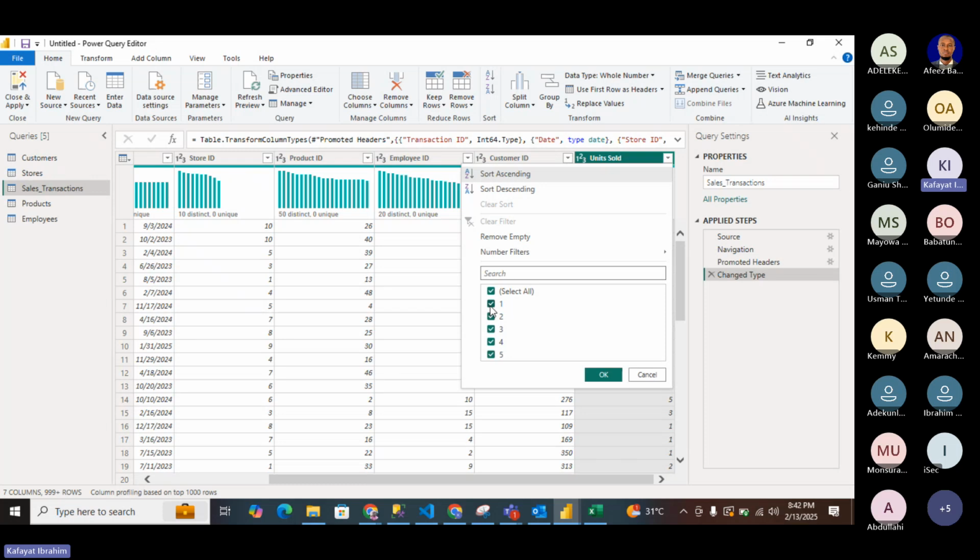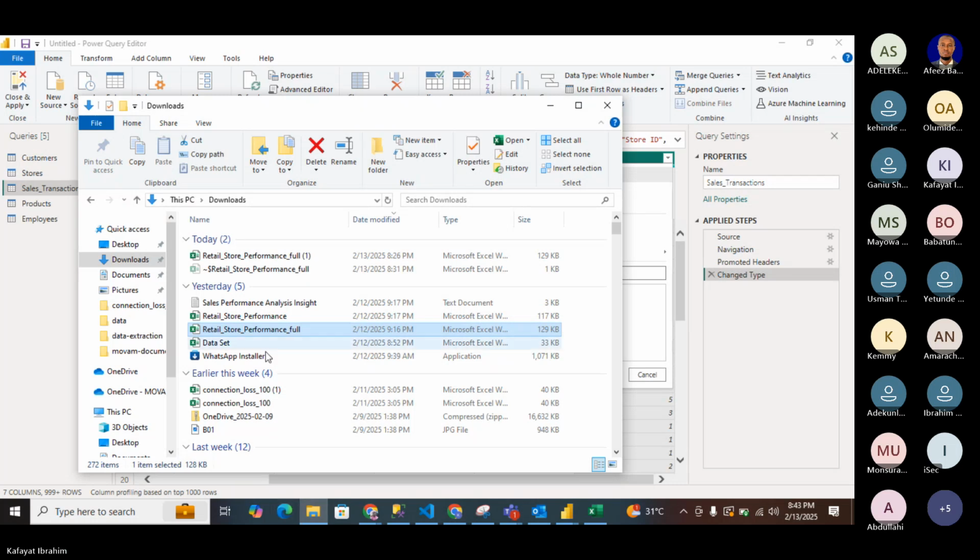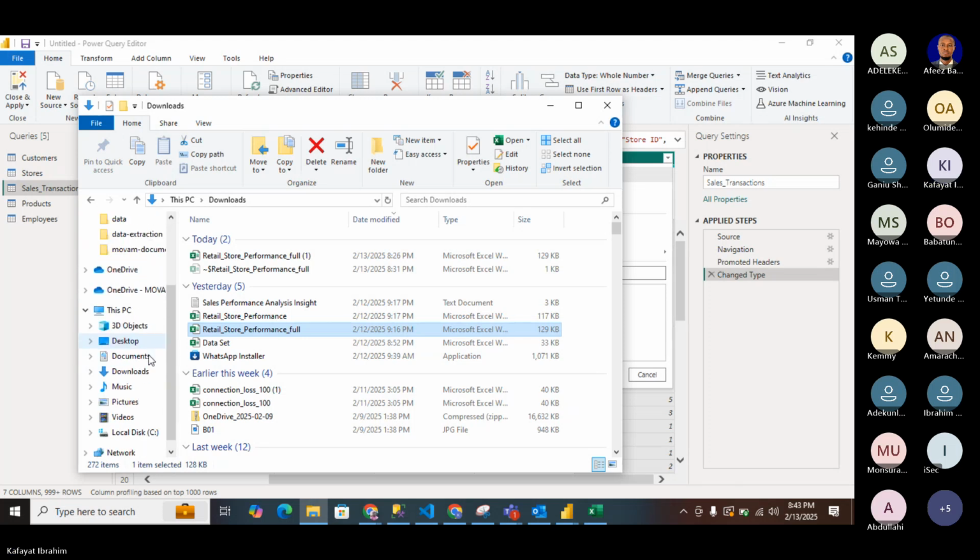Do I have any data that has a missing value with me? Come on, let me check. This is favorites. Data analytics. I'm coming, sorry. Desktop.